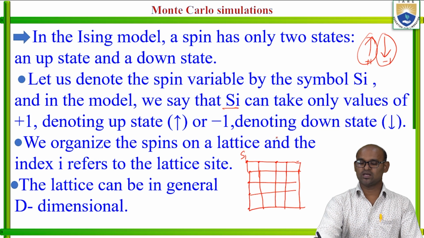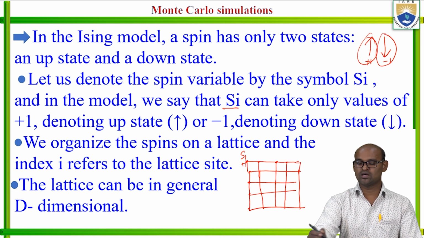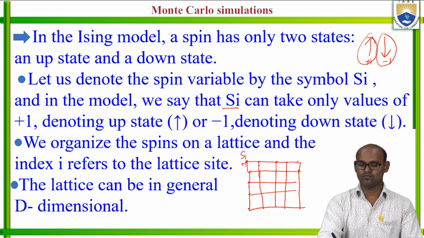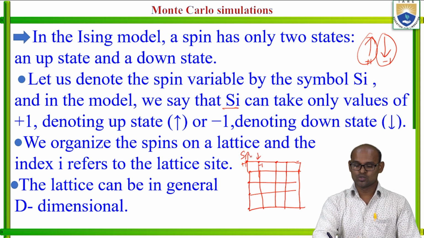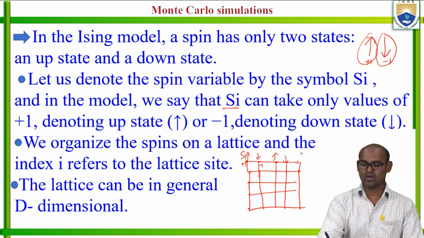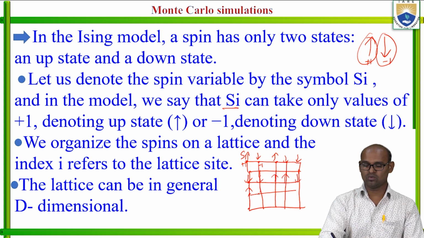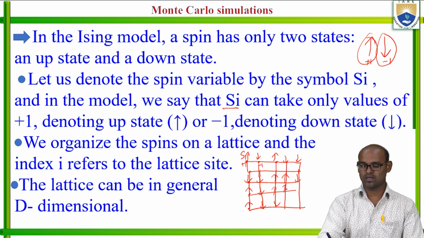If the spin is oriented up, we take a value of +1. If it is oriented down, we take a value of -1. So all the lattice sites have a spin, and depending on up or down, we take either +1 or -1.